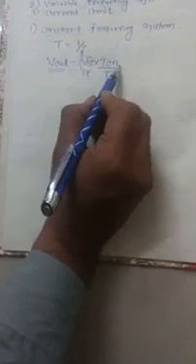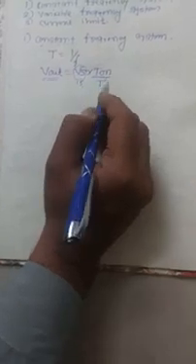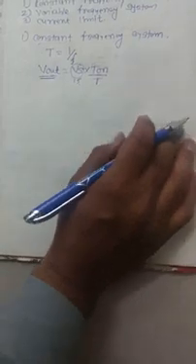The constant frequency system is called so because the frequency is constant, that means the time period is constant while the T on time of the pulse width changes. Therefore the output voltage is controlled in a boost converter or buck converter.